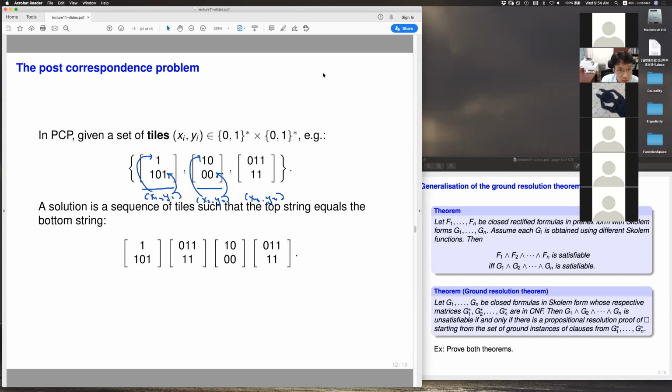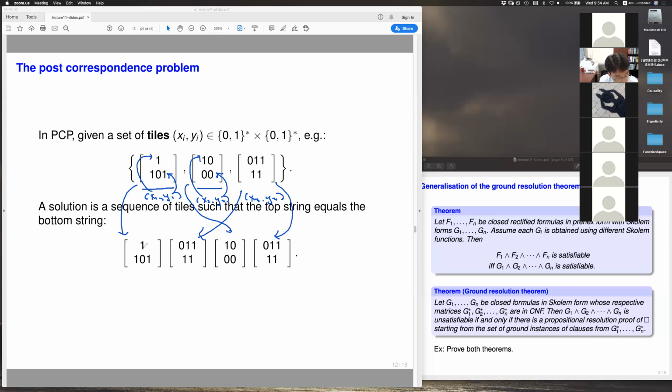What you see on the screen is one arrangement. The first one comes from the first tile, the second one from the third tile, the third from the second tile, and the last one from the first tile again. So we arrange tile 1, tile 3, tile 2, and tile 1. Okay. So that's the arrangement.